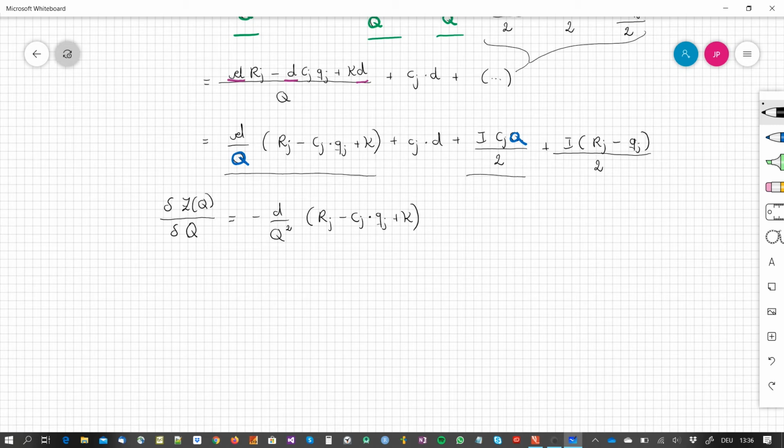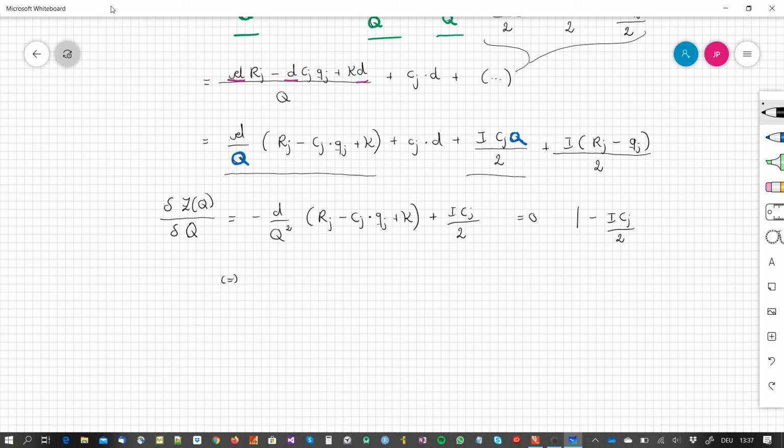And if we differentiate the second term, then I multiplied by c_j divided by 2 remains. This term we set now to 0 because we are interested to get the optimal Q. Also this I'm doing extensively, so you see every step that I'm doing for deriving the optimal Q.